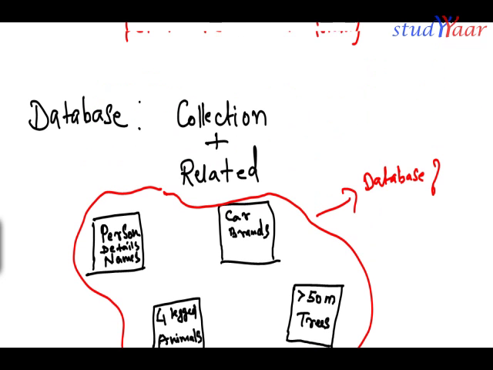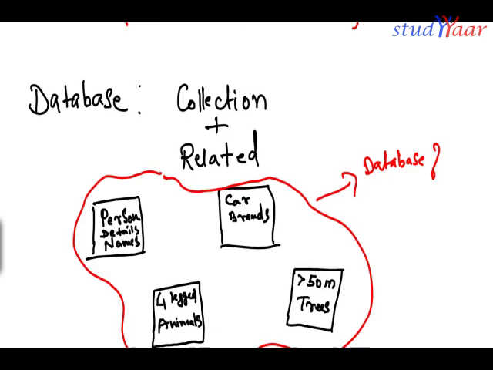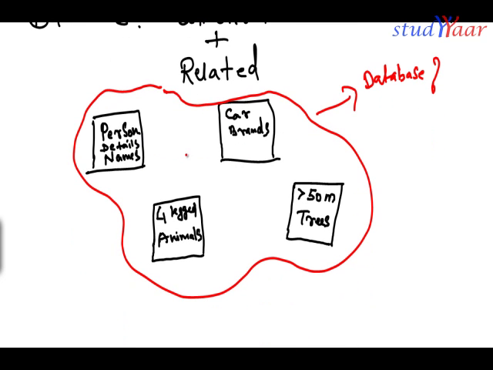Let's look at our definition. We said that a database is a collection of related data. Okay? So can we somehow relate these things? Do we have any idea what this means? We can probably relate this. The person owns a particular car brand, but what about this?